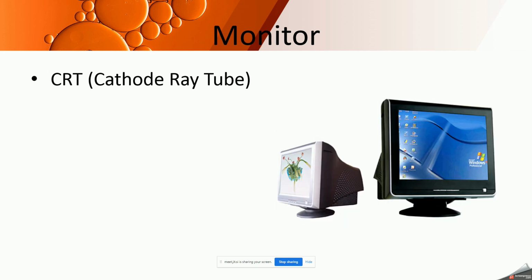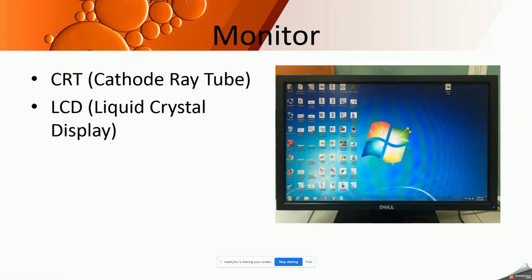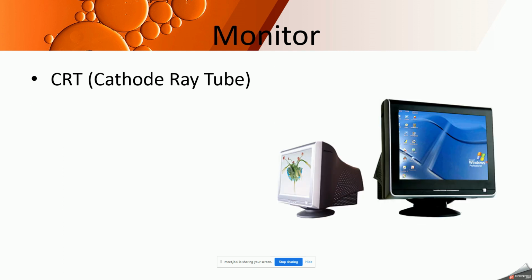Now going back to CRT monitor, earlier we used to have these types of monitors which had a picture tube at its back, that is a very long picture tube. LCD, liquid crystal display. Now firstly, cathode ray tube. Why do we say cathode ray tube? Because you had a picture tube which contained electron guns.